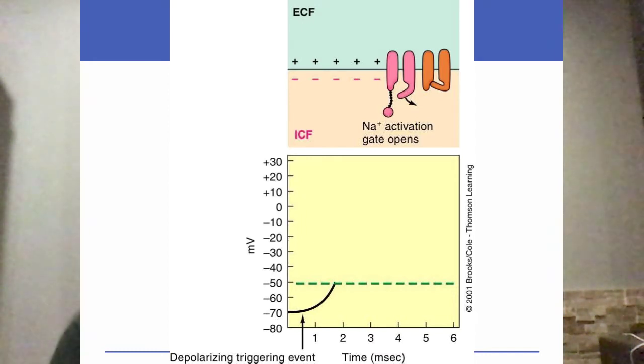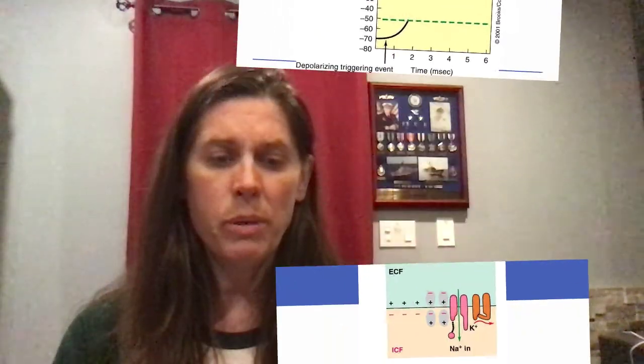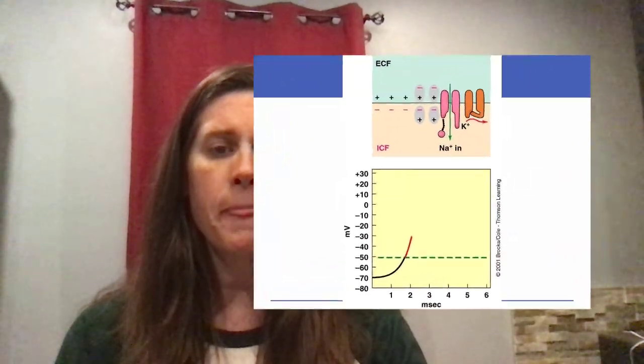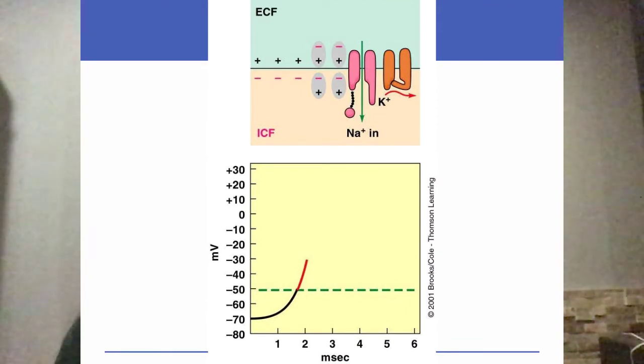At -50, again, the three gates, both of the gates on the sodium channel and the gate on the potassium, are stimulated. But the activation gate of the sodium channel is fast, so it opens first. When it opens, sodium moves in.